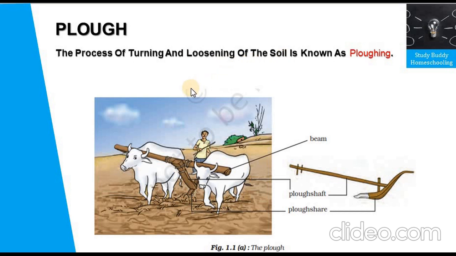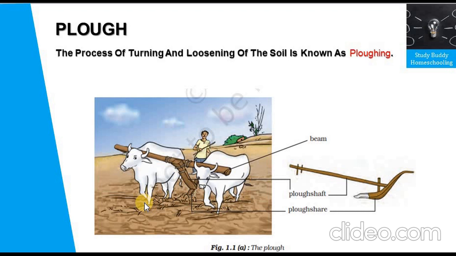More air circulation is needed for the growth of soil microorganisms. These soil microorganisms play a very important role in decomposing the dead organic matter, plants or animal waste, and convert them into manure. So increased aeration means increased microbial growth and more soil fertility.